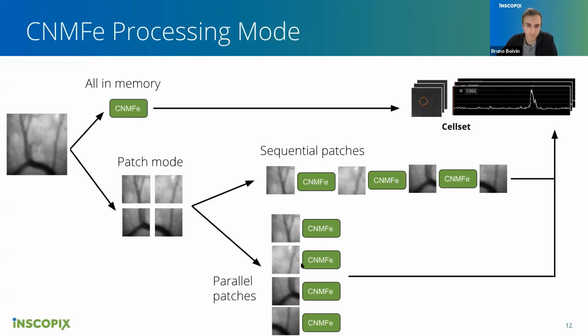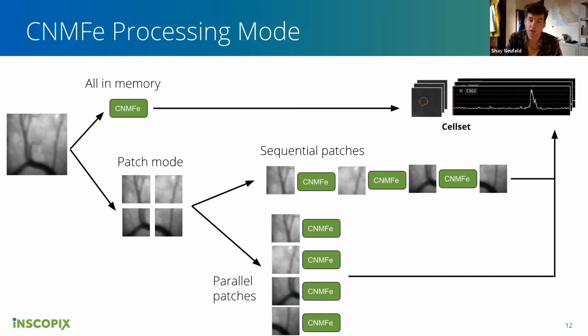So here I'm splitting the field of view into 4 different areas, but if you had a larger movie, you might split it into 9 different areas. And if you were to process all 9 patches at the same time, then there would be no difference with using all in memory. You would just be processing the entire movie. So the idea with parallel patches is that you're processing multiple parts of the movie, but not the entire movie. And then you process those small chunks in parallel, and that makes overall the algorithm a lot faster.